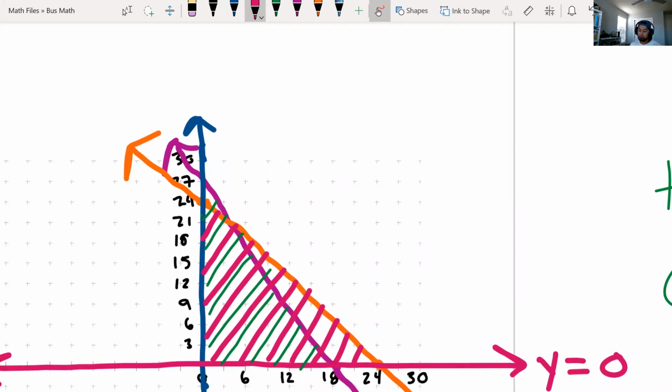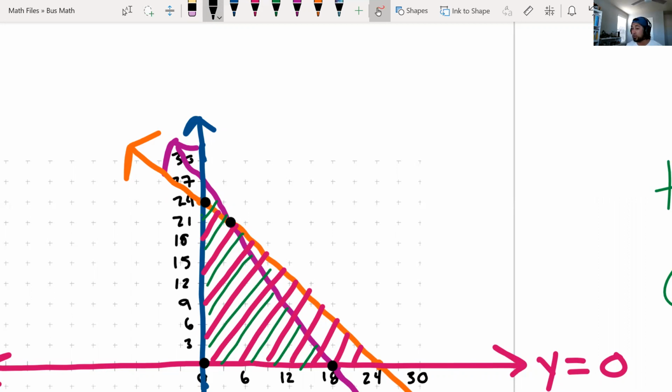There we go. And now we can see where all our shadings intersect. So we can see the corner points of our solution region. So the corner points are going to be at 0, 0, 18, 0, 0, 24, and whatever this intersection point is.